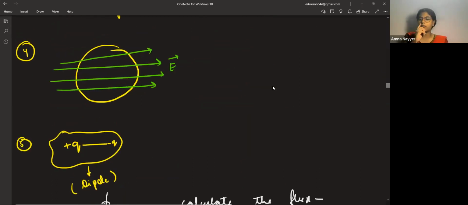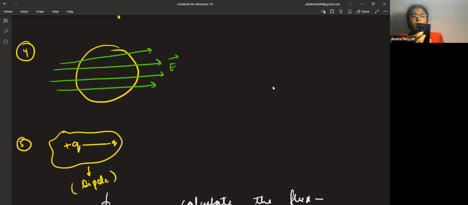Last 2 points which I want to discuss. See, suppose this is a surface. Flux is the number of field lines which are crossing an area normally. Crossing means something has to pass within the surface.